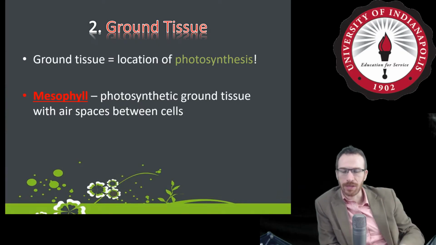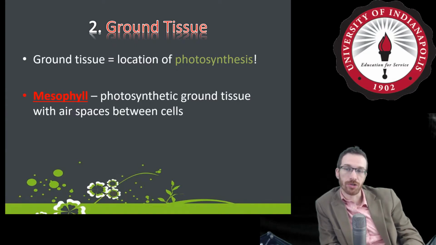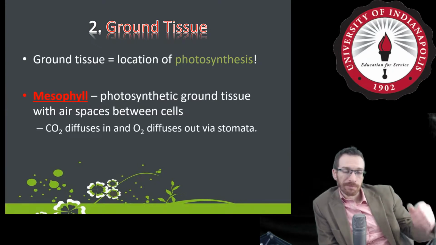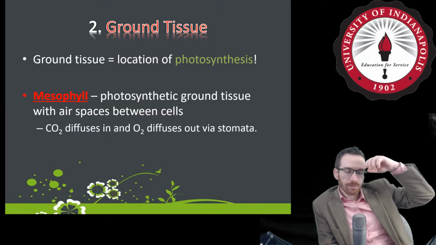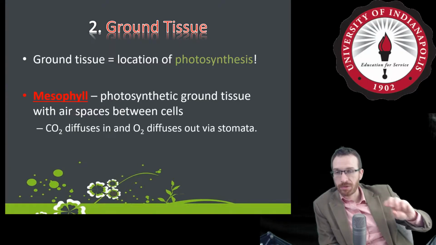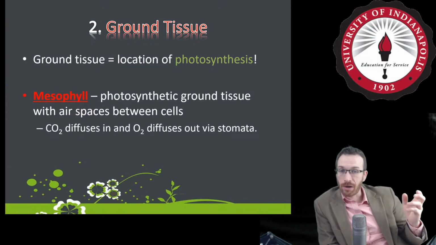But mesophyll is the term that is generally used to describe the photosynthetic ground tissue that is between the upper and lower epidermis. And so you also have holes in the upper and lower epidermis, usually in the lower epidermis, that are called stomata.